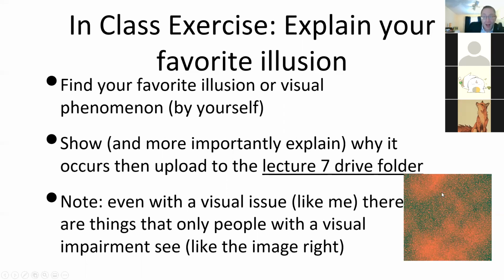There's some message here. The only people that can see this message are people who, I'm always blank on the Latin word, are missing red cones for their visual processing system. I think you have to be red green colorblind in order to see this optical illusion. No clue what it says. So if you want, you can try things that only you can see that other people can't.